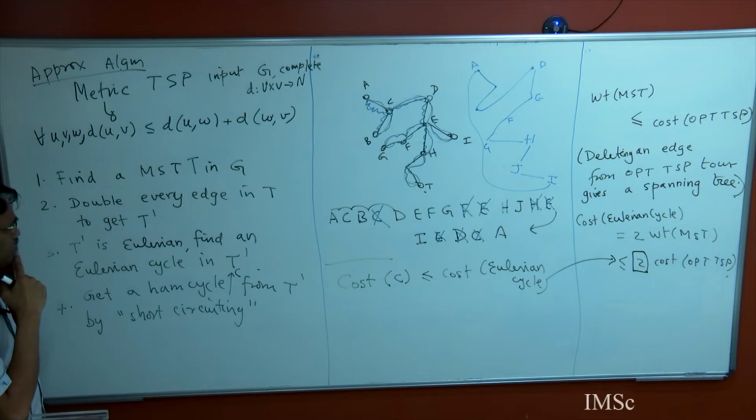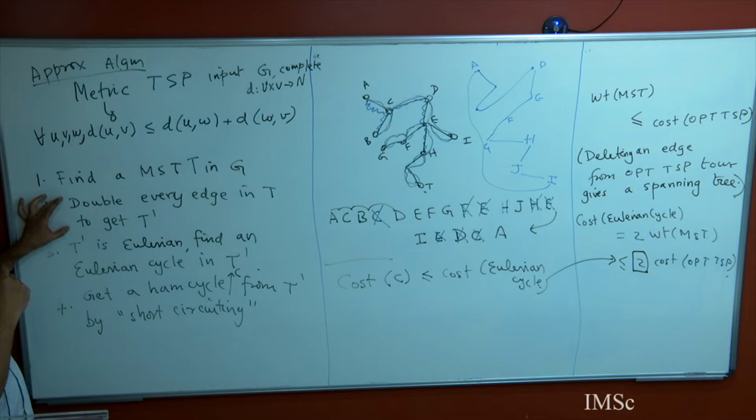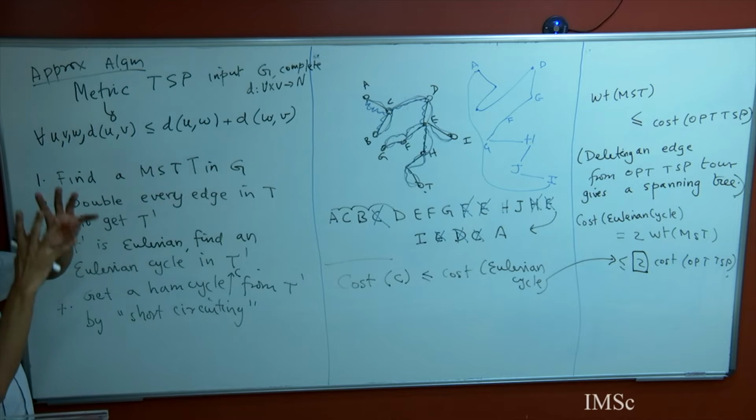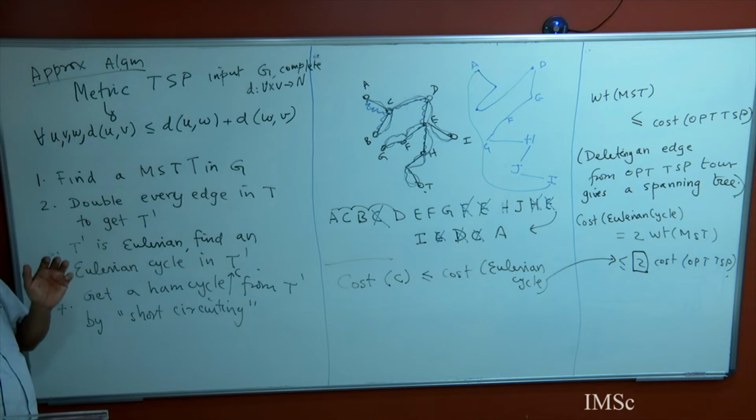So what did we do? We doubled every edge here. What is the purpose of that? To get an Eulerian graph. So, to make the graph Eulerian, we doubled every edge. But in T, there are already some even degree vertices. If you look at the induced tree, some vertices have even degree, some vertices have odd degree.